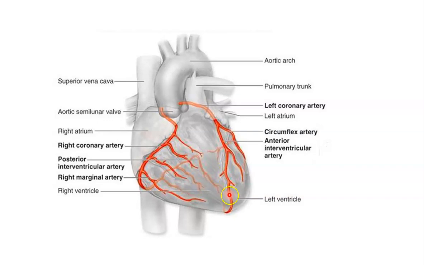If a piece of that plaque breaks off and gets stuck here, this whole area of the heart suddenly is not getting any oxygen or any blood. It's going to start to die very quickly. And that's when you get the symptoms of a heart attack, the chest pain and so on.